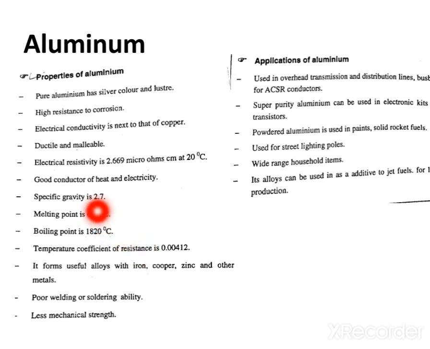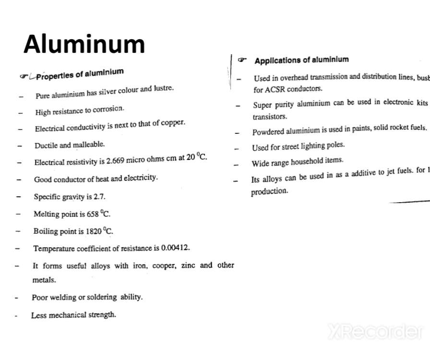Specific gravity is 2.7, melting point is 658 degrees Celsius and boiling point is 1820 degrees Celsius. The temperature coefficient of resistance of aluminum is 0.00412.